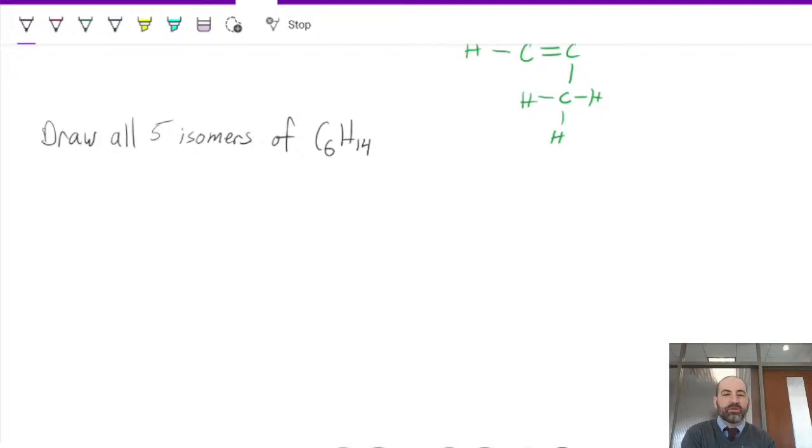I'll give you a hint with this one. There's no double bonds or things like what we ran into with the C3 one, but there are actually 5 different ways of laying out those structures and only 5. So try those and see what you can find.